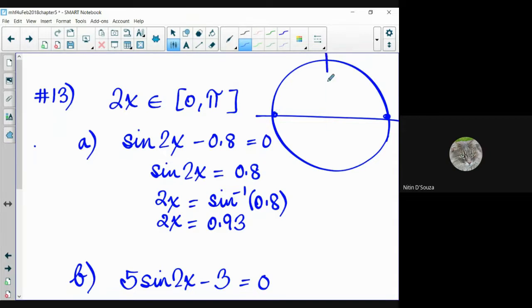So 0.93 is maybe, this is 1.57. This is 0. So 0.93 might be over there. What other angle would give us a positive sine? Is it in second, third, or fourth quadrant? Second. So this angle here should be 3.14 minus 0.93.